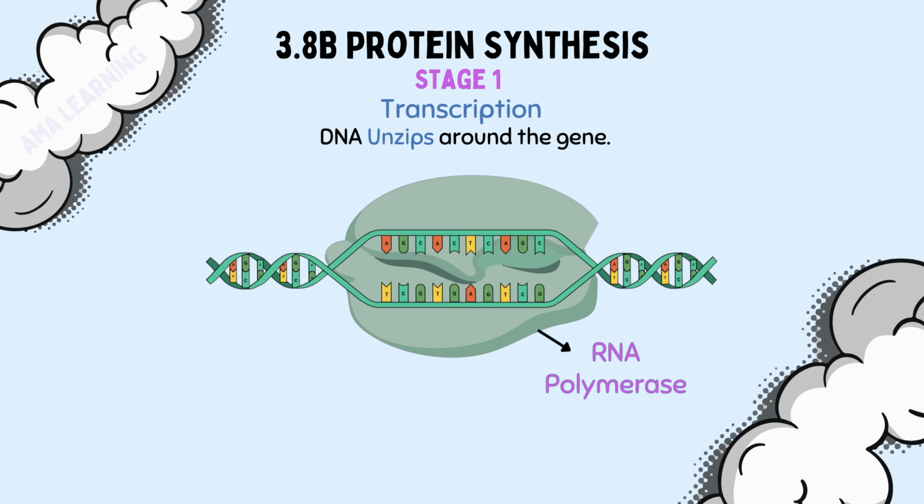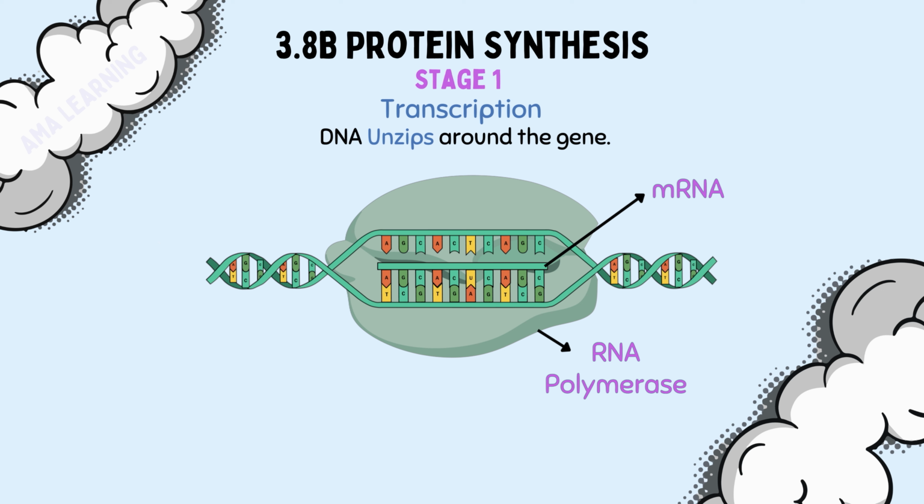The RNA polymerase uses the coding strand of DNA to make a complementary strand of mRNA, messenger RNA. This mRNA strand carries the genetic instructions out of the nucleus to the ribosomes, where proteins are synthesized.